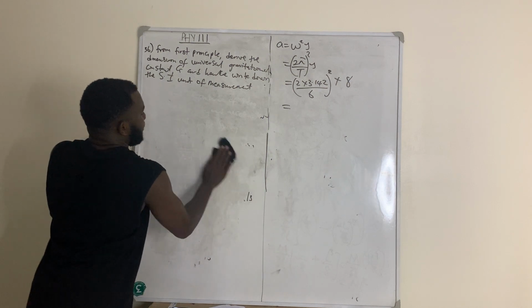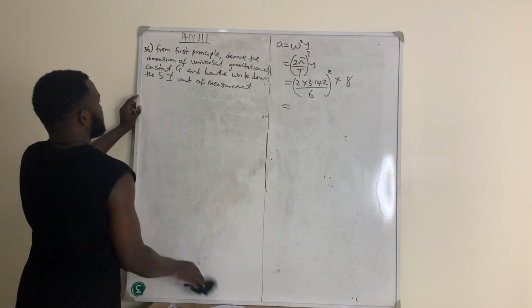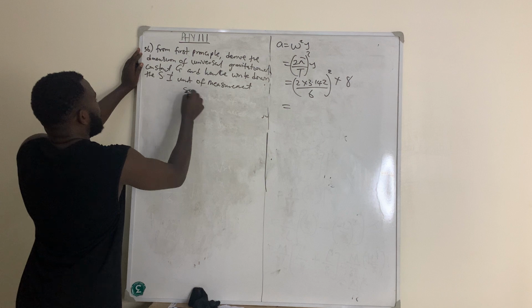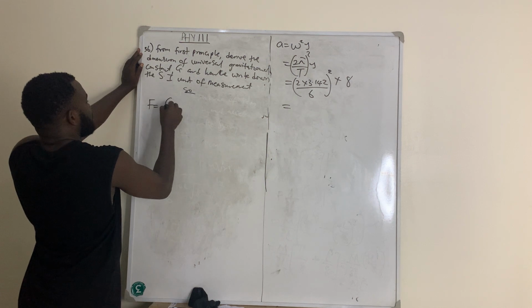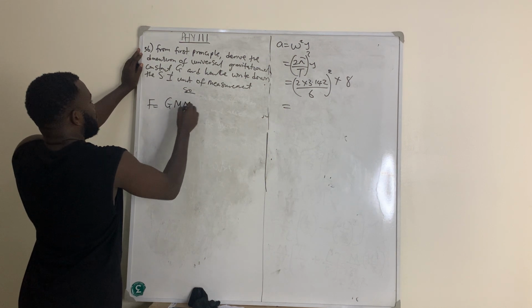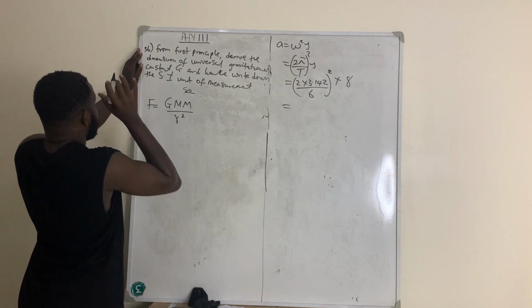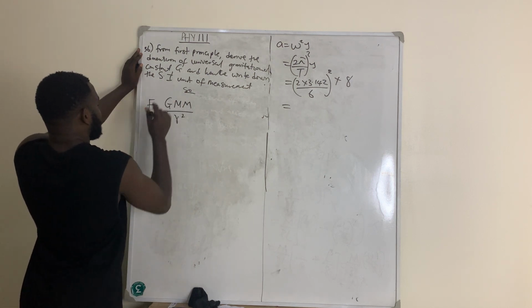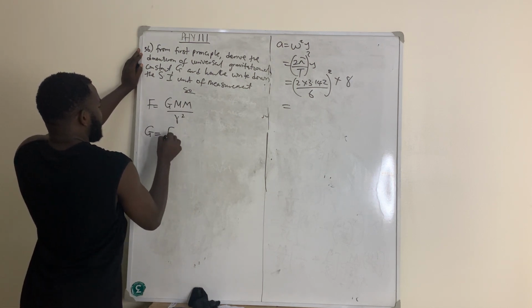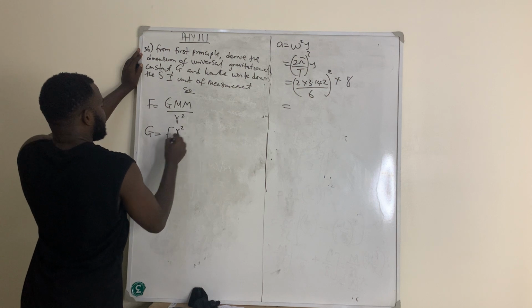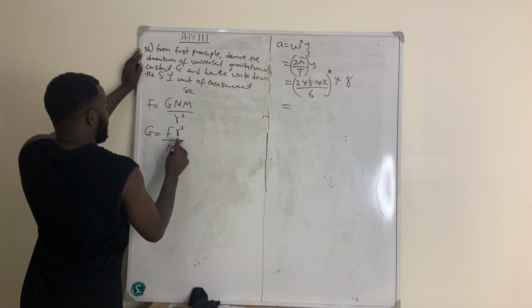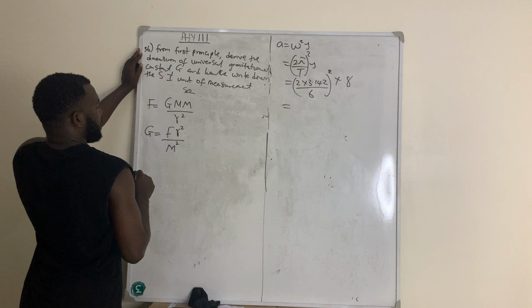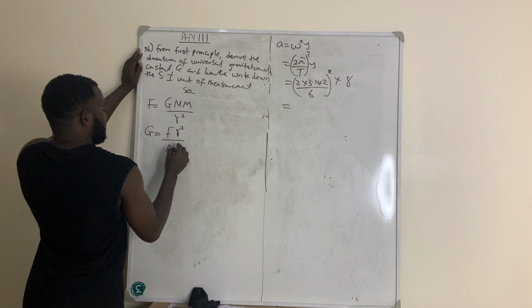We know that our G, the gravitational constant, first of all, solution, we know that our F is equal to G m over r squared. And to make G the subject, our G will now be F r squared all over M. In fact, m will give you m squared, or let me leave it as m.